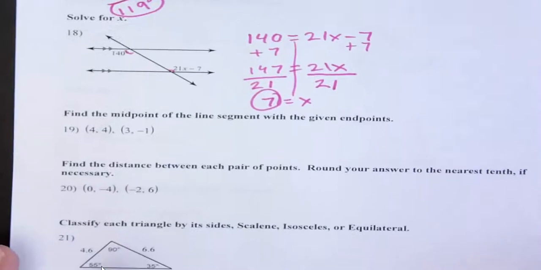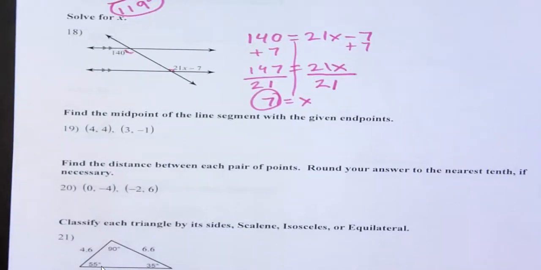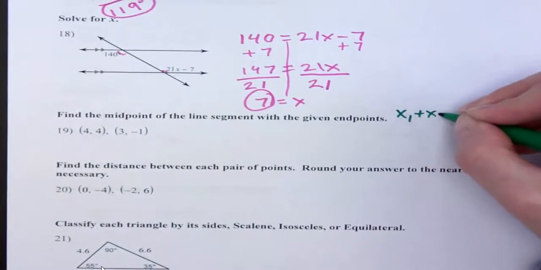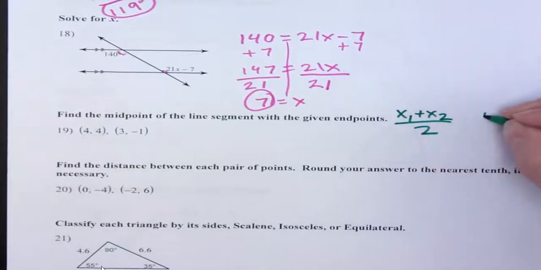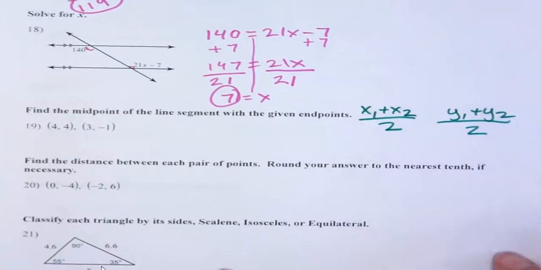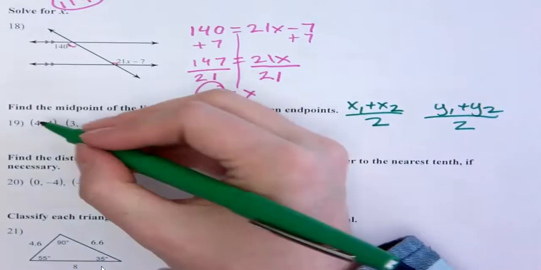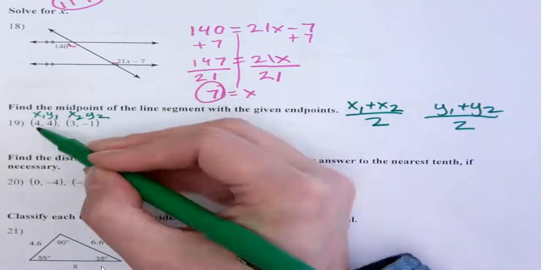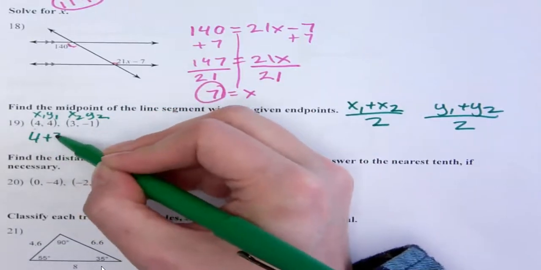Okay, next we're on to midpoint. Midpoint is very easy. The rule is we add the x's. So x1 plus x2 divided by 2, y1 plus y2 divided by 2. So this is my x1, y1. This is x2, y2. I add my x's, 4 plus 3 divided by 2.